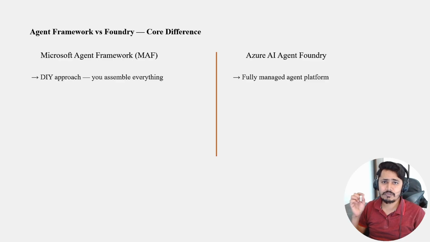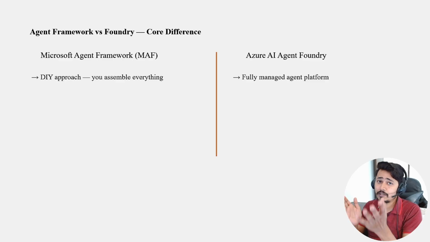Managed in the sense, once you build the agent, agent health, agent evaluation, agent monitoring, everything is managed by the Azure Foundry portal. And that is where it becomes very important that this particular Microsoft Agent Framework is good for your POC kind of stuff. But when you are switching to building a production grade application, then the Agent Foundry system helps you build an agent that is fully managed by the agent platform, and you don't want the overhead of managing everything in the production system.